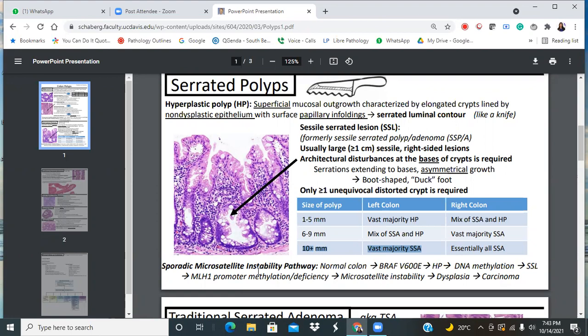So my diagnostic line, if it's less than 5 millimeters, will be serrated polyp with features consistent with HP. I wouldn't write it as HP blindly, because I'm giving the doctor the option. If he wants to bring the patient back earlier, I'm fine with that. The insurance will say, oh no, she's calling it HP, why are you bringing the patient back in 3 years?